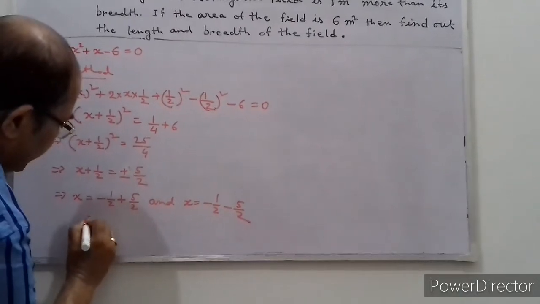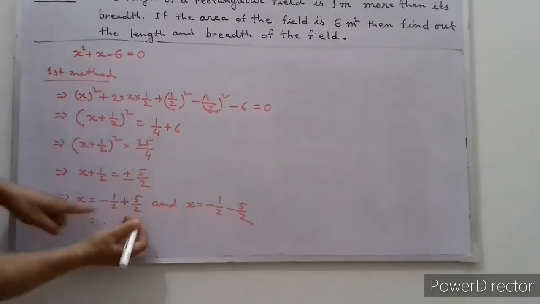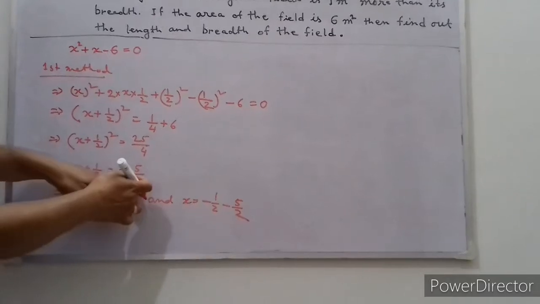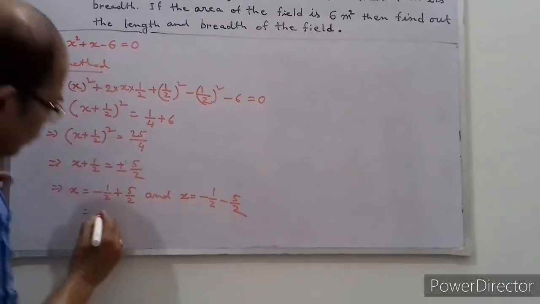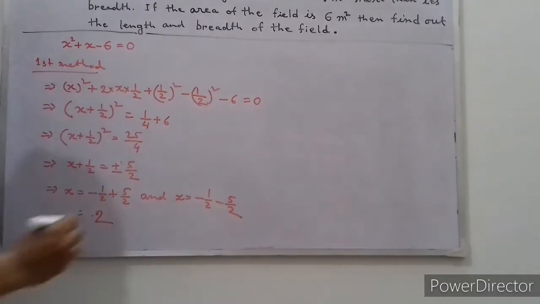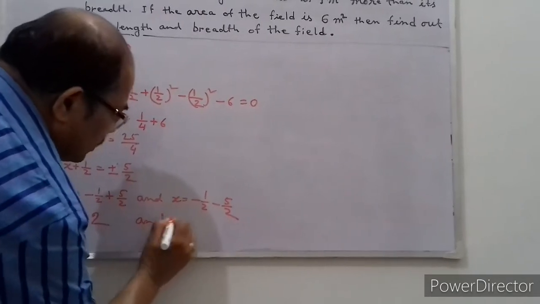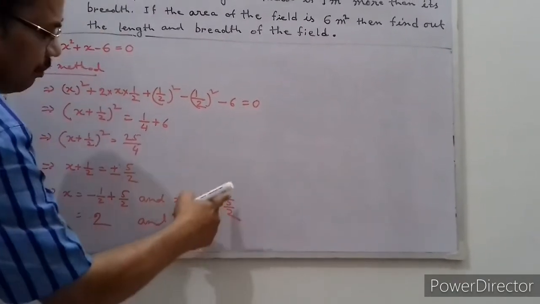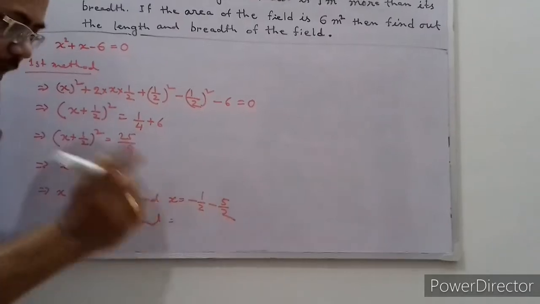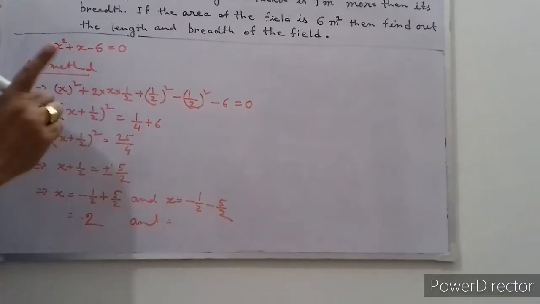For the first case, 2 will be the LCM. This is minus 1 plus 5, which is 4. 4 by 2 is 2, right? And here the other root of the equation is minus 5 and minus 1, which is minus 6. Minus 6 by 2 is minus 3.